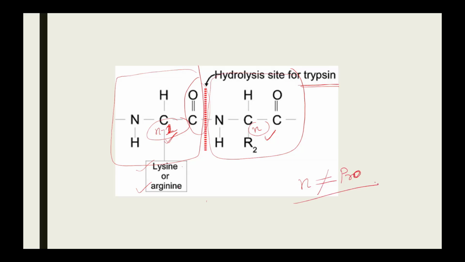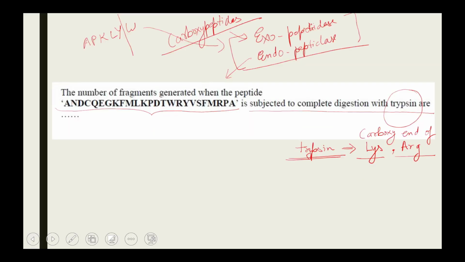If N is proline, or this particular R group is substituted with the side chain of proline, then trypsin digestion will not take place even though lysine and arginine residues are present at that position. Okay, so let's see here in the structure.